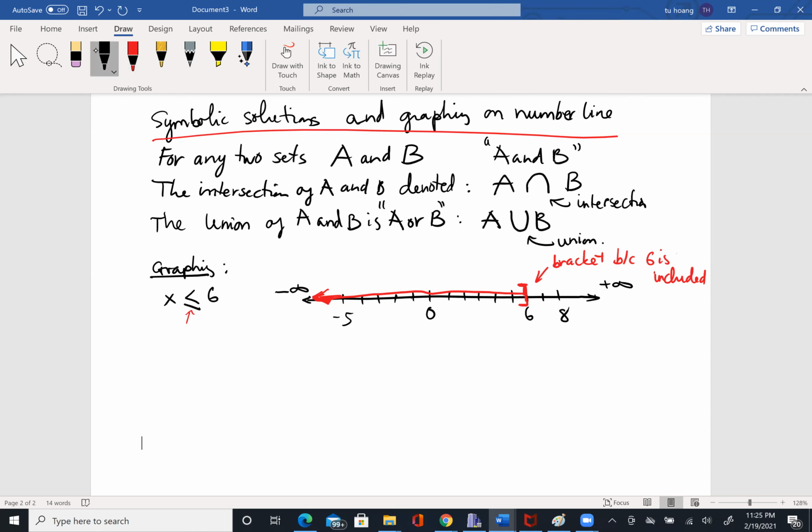What about if I have x greater than negative 2? Let me draw a number line. The left-hand side is still negative infinity, the right-hand side is positive infinity. The middle is 0, then negative 1, negative 2, negative 3, negative 4, and 1, 2, 3, 4. So it says x greater than negative 2.